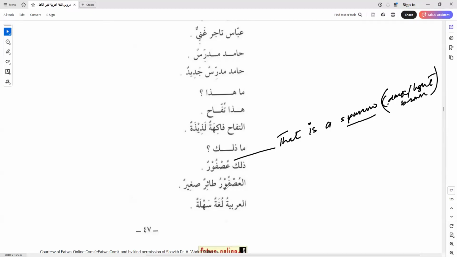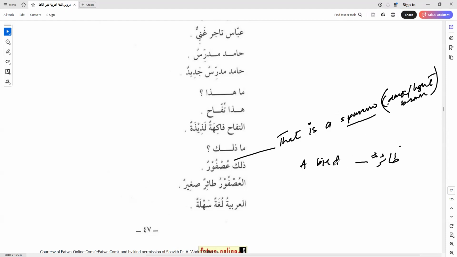العصفور, the sparrow, is طائر, a bird. العصفور طائر. طائر is a bird.